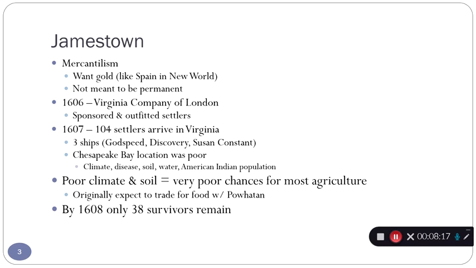But the area that they arrive in along the Chesapeake Bay is really pretty bad. It has a pretty unpleasant climate, very hot, very humid. The soil is almost impossible to grow anything in. Disease is rampant, and diseases that the British are not familiar with for the most part.